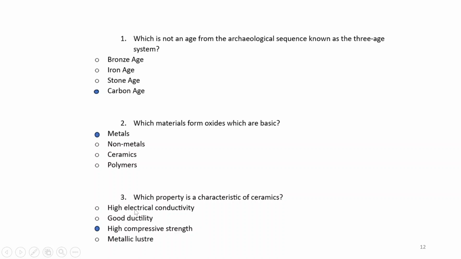They are also electrically insulating, so this option is also incorrect. And high compressive strength. So in case of ceramics, they have low strength in case of tensile type of loading, but in compressive loading they show high compressive strength. They also don't have any metallic luster. Metallic luster is only seen in case of metals.